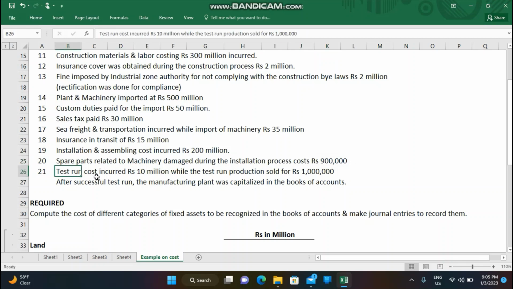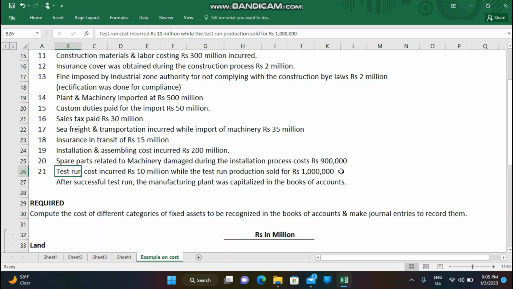Next, once the installation is complete, they did a test run and incurred rupees 10 million on the test run cost. And during the test run, there was some production, which was sold for rupees 1 million.